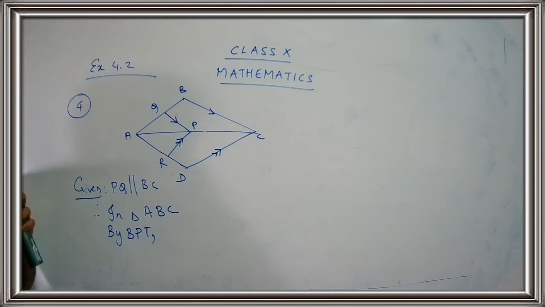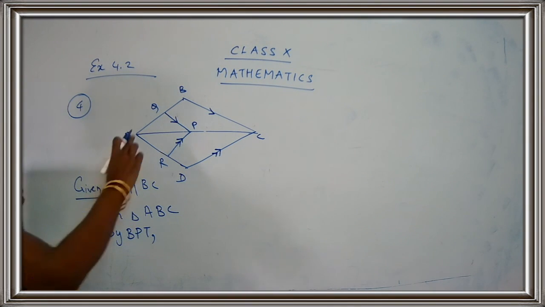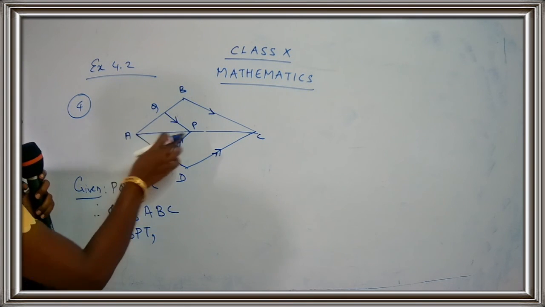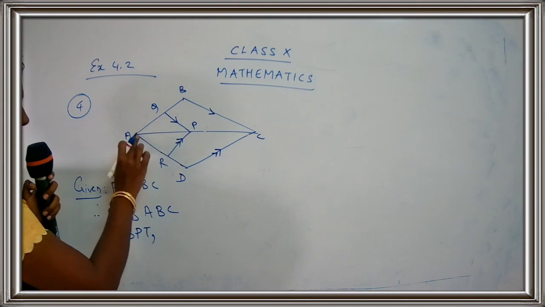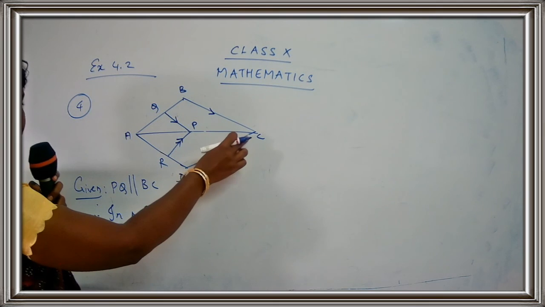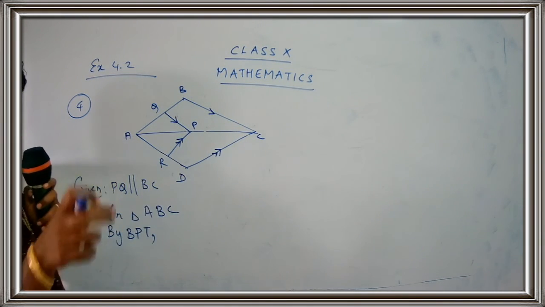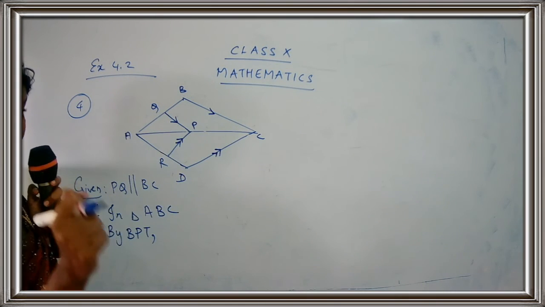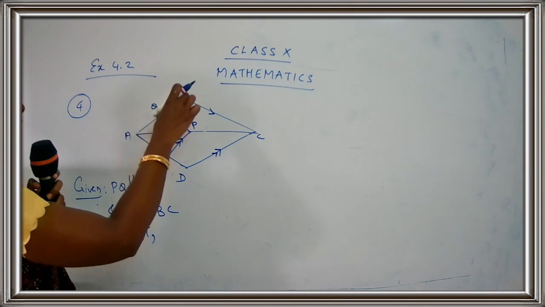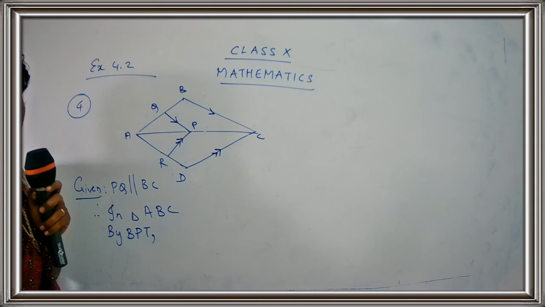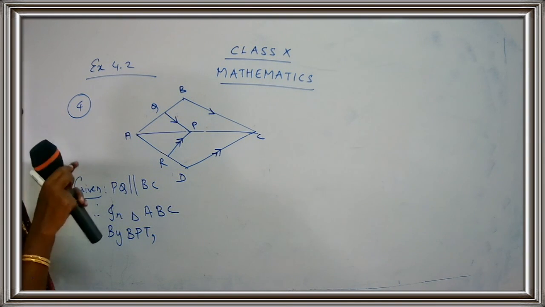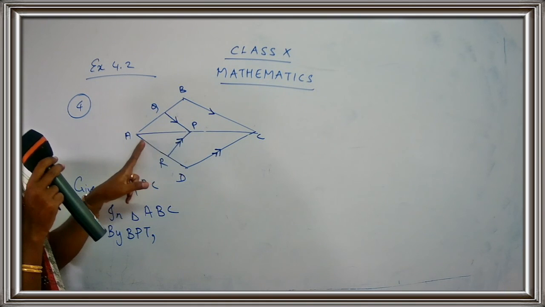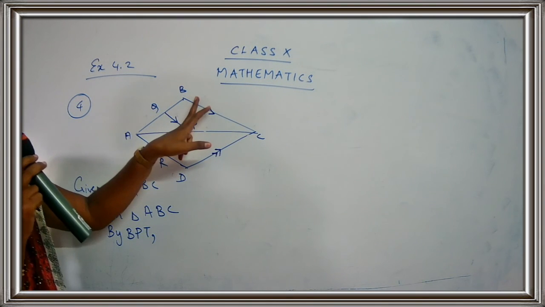By BPT, how to go? You have to take from the common part, that is ABC. So I'll be taking AP upon PC. Are you getting my point, children? How to write the ratio? AP upon PC is equal to AQ upon QB. So you have to find out a proper common vertex. I cannot start from C because I'll get CP upon PA, but from here I don't have anything.